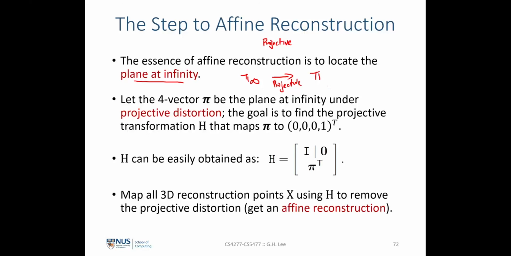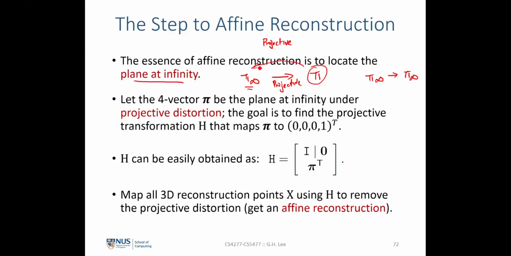Under affine ambiguity, a plane at infinity is still going to be mapped to a plane at infinity. So the first step in affine reconstruction is to identify the plane at infinity, which is now at a finite location, and find a homography that projects it.